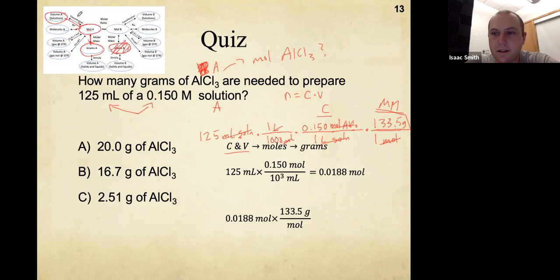Well, we need the concentration, which is the molarity. We have that. And we can get from moles to grams using the molar mass. So do all those calculations. This one just breaks it up: it goes from volume to moles using the concentration, and then from moles to grams using the molar mass.